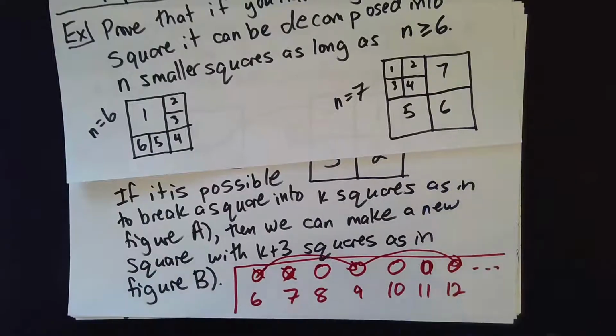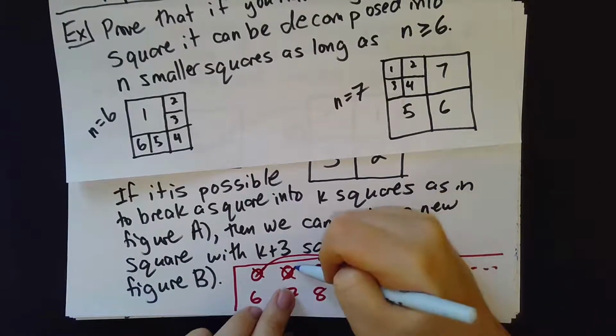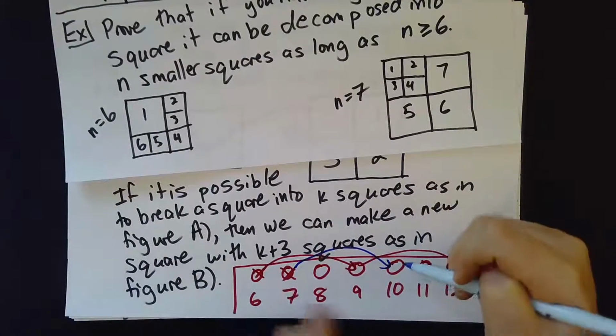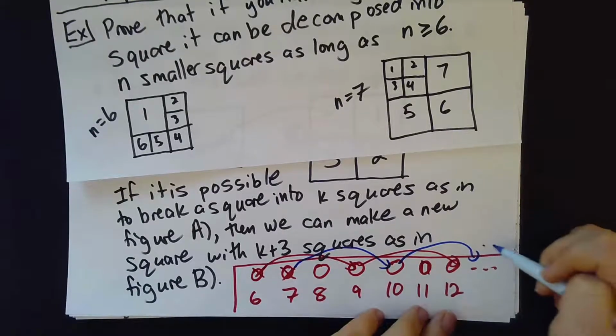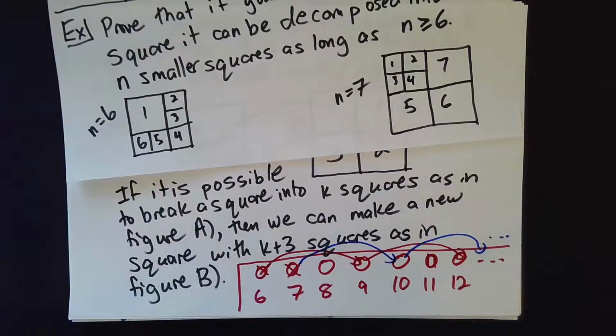The fact that I showed you how to do 7 tells you how to do 10 and 13 and so on. So that covers all the numbers that are 1 more than a multiple of 3.